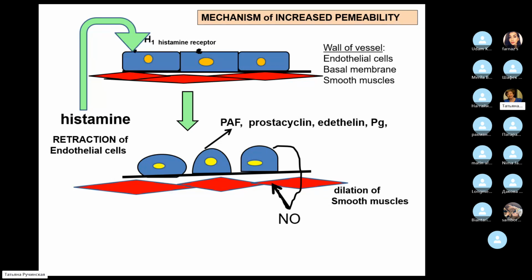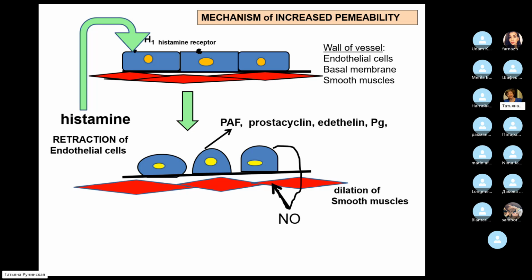That is why it will lead to increased calcium channel opening, and calcium in physiological concentration comes inside the cell. So this will lead to constriction of the cytoskeleton in endothelial cells. That is why the endothelial cells change their shape.